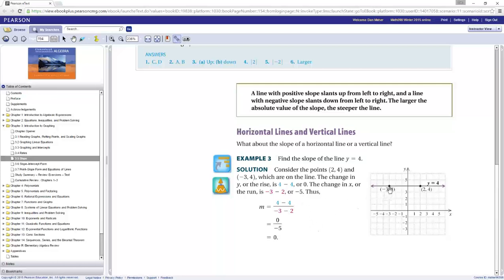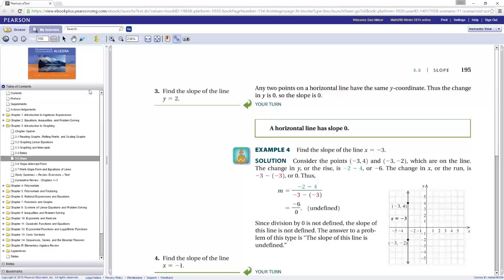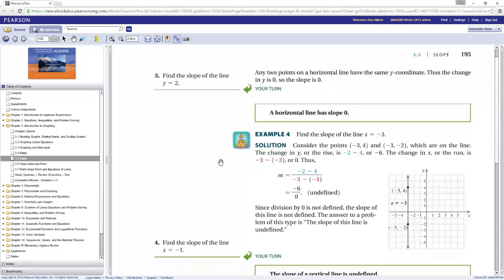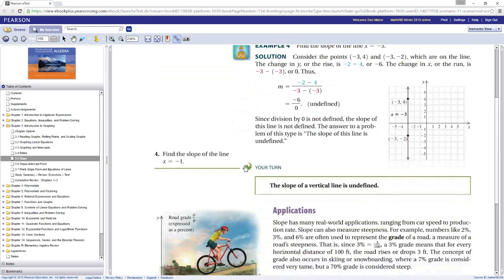And then the run, which is the change in the horizontal movement, or left-right stuff, is negative 3 minus this x coordinate, and I end up with negative 5. Well, I get 0 over negative 5, which is 0. And that's what they're pointing out here. All horizontal lines have a slope of 0. There's 0 rise over any run that you do.